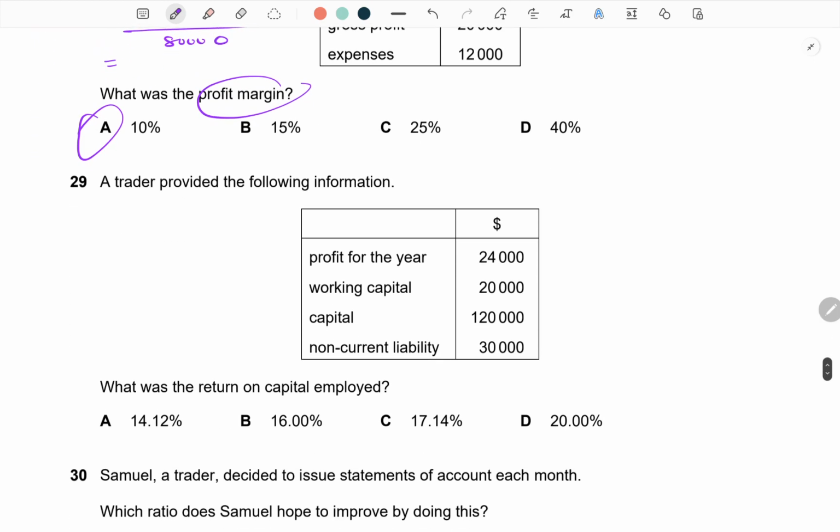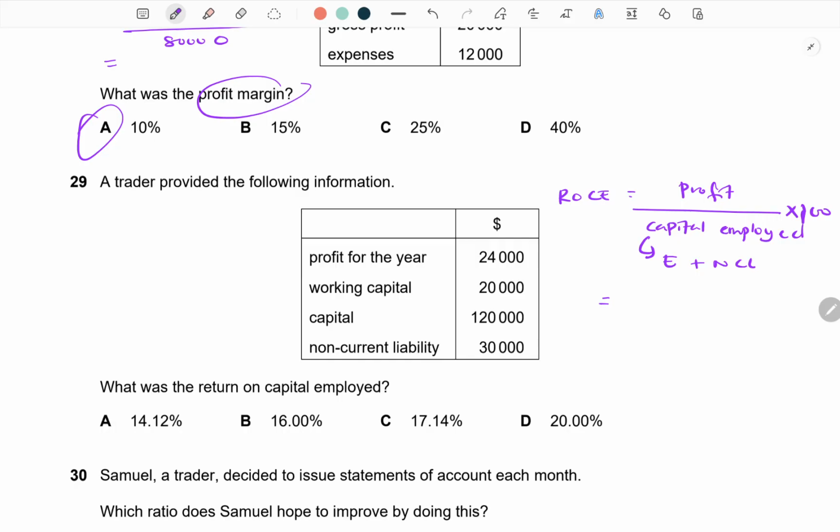29. A trader provide the following information. What was the return on capital employed? What is the formula for return on capital employed? Profit, basically earning before interest and tax, you divide by capital employed. How to get this capital employed is basically equity plus non-current liability. Profit they give you already. Multiply 100%.